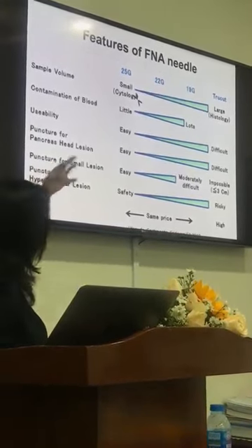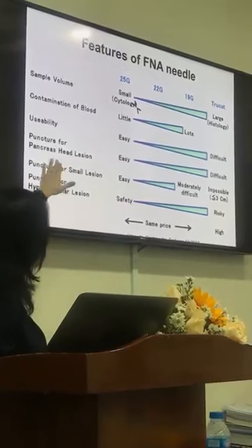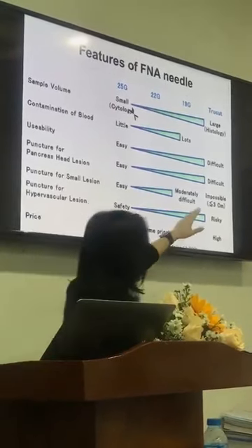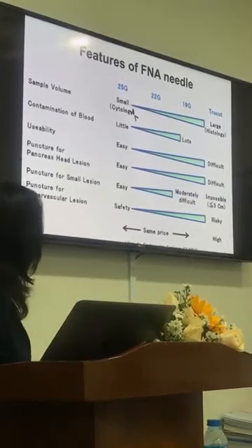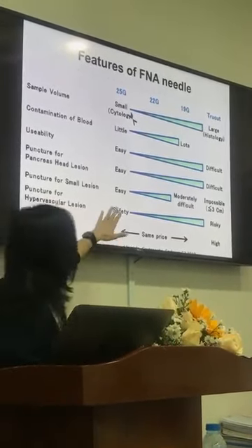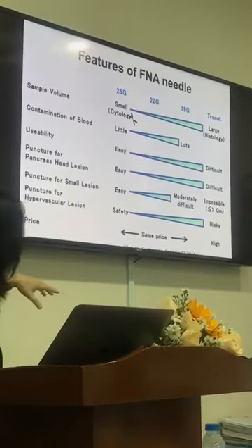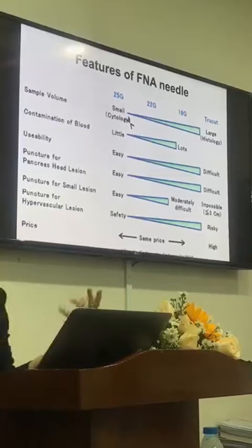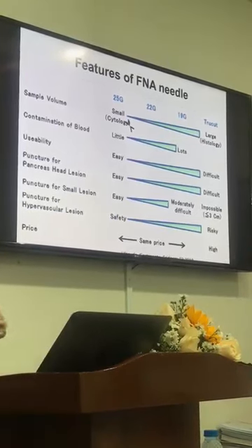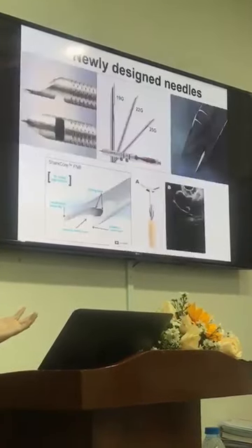When you want to get a tissue sample from the pancreatic head or uncinate, the larger needle is going to be more difficult. The smaller will be easier. If you want to puncture small lesions, a small needle is probably easier. For vascular lesions, again, a smaller needle may be safer. So there are some pros and cons in terms of the different sizes of the needle.